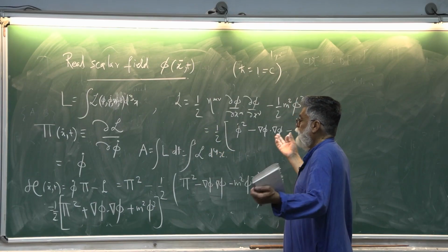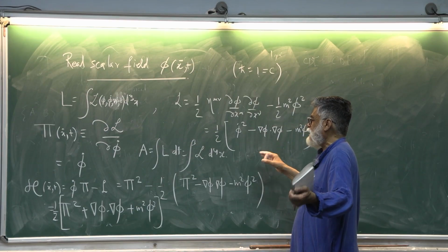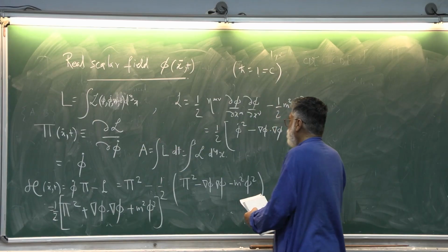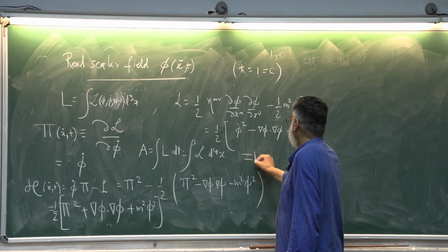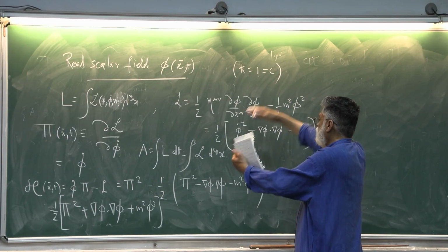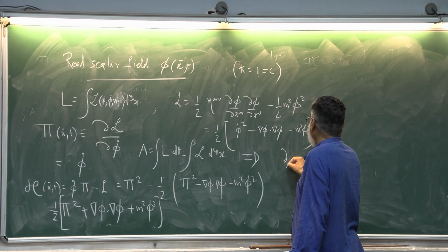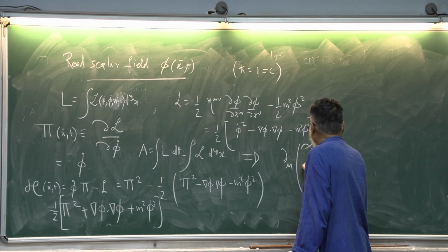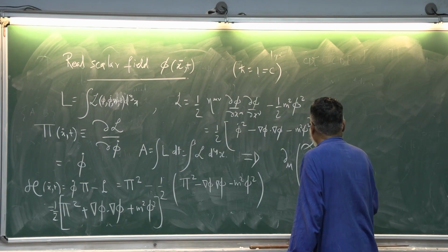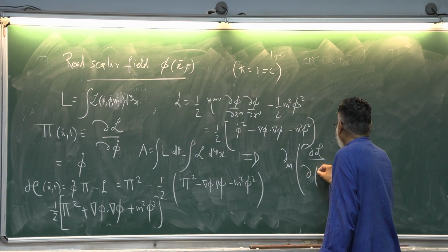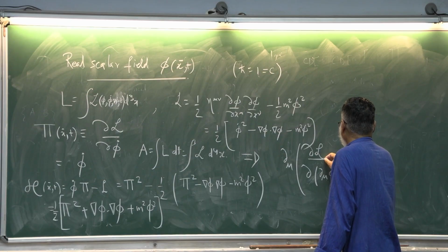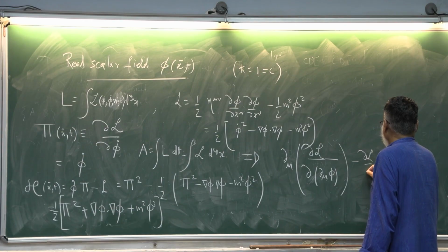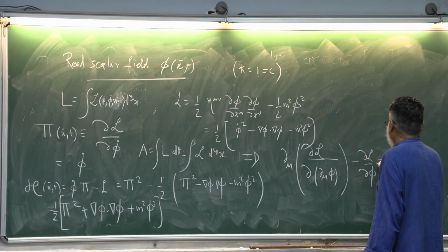Then you say the evolution of the fields is such that the action is minimized, the same least action principle, and the equation of motion that you can derive is the Euler-Lagrange equation for a field, given by del mu of del L by del of del mu phi, minus del L by del phi, is equal to 0.